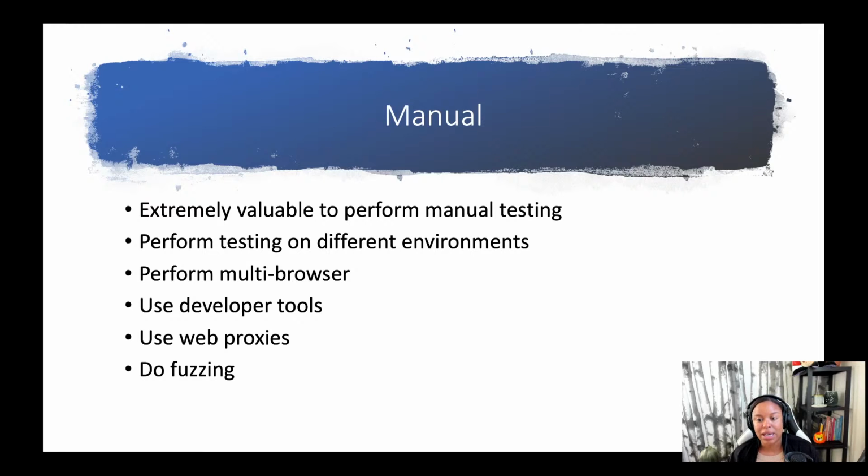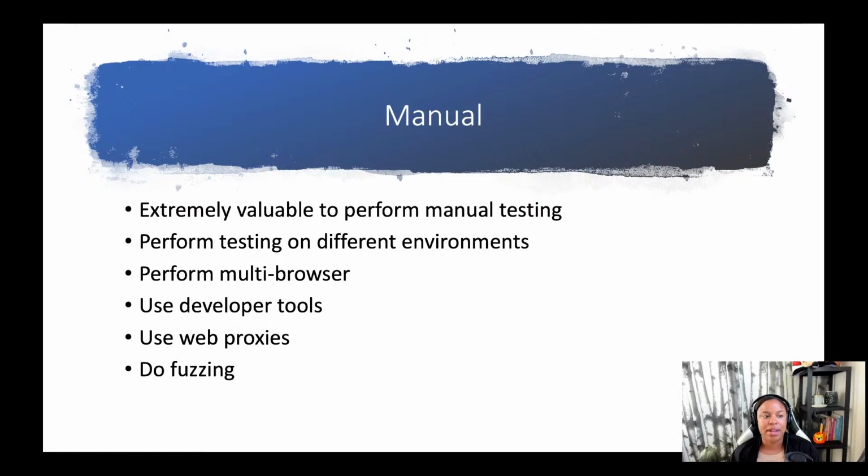Along with that, you can think about using web proxies, so ways to intercept HTTP requests in your application. So you can maybe find ways to do this in the developer tools and intercept the request there, or you could also use other tools for doing this kind of proxy testing.